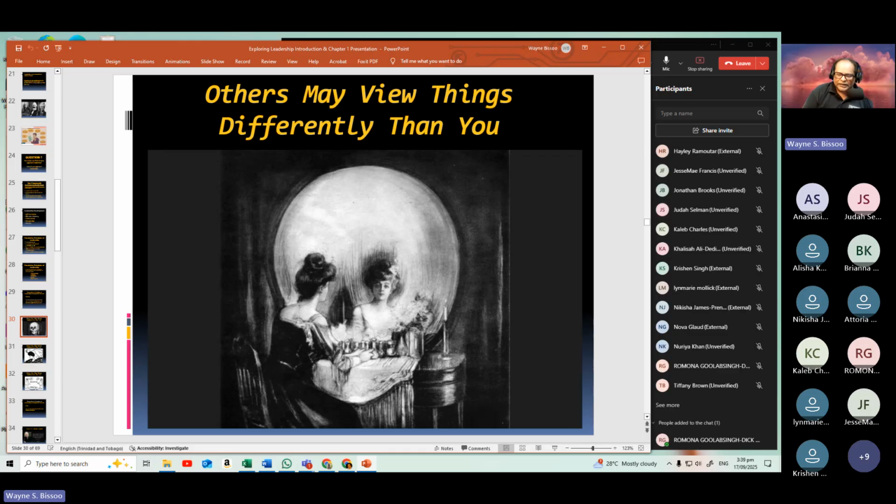Kalissa, have I said that right? Yes. All right, Kalissa, what do you see here in this photo? I see a woman looking in a mirror, but I also see a skull. Okay, describe.